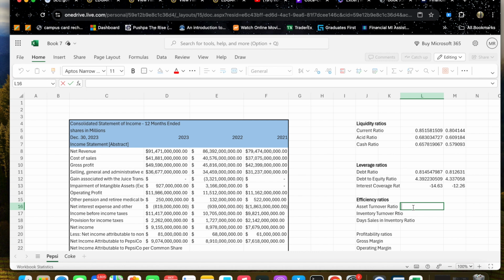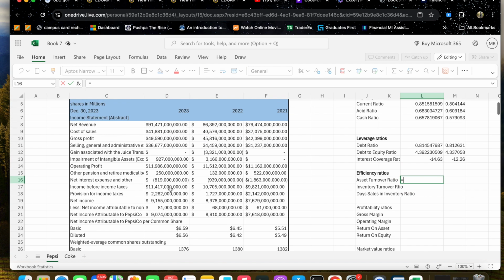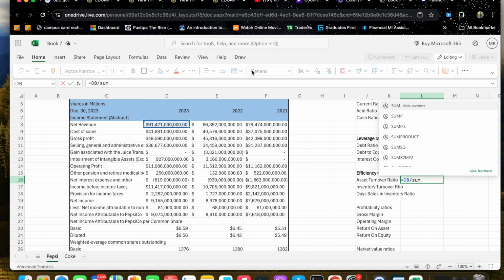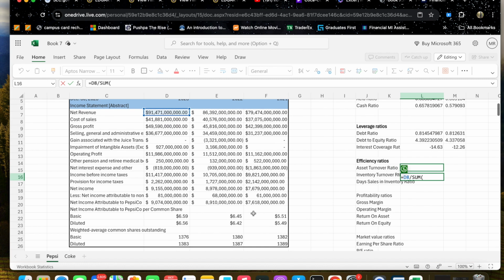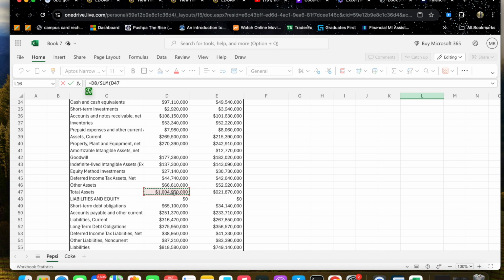Now let's jump on to the efficiency ratio. Efficiency ratio defines how efficiently the company is using its assets to generate sales. So the asset turnover ratio formula is net sales divided by the average total assets.